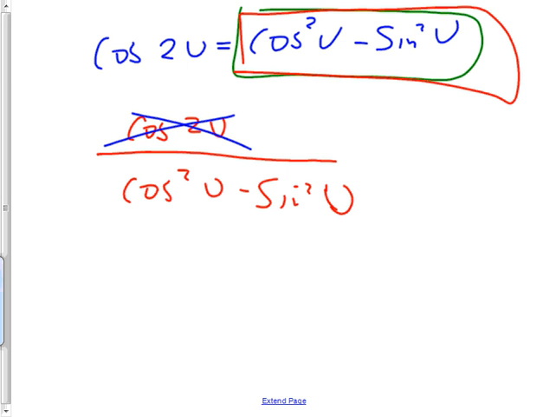I can see that. Cosine squared theta minus sine squared theta. And once you make that substitution, now it's identical on the top and the bottom. And then everything cancels, and the answer is what? 1.